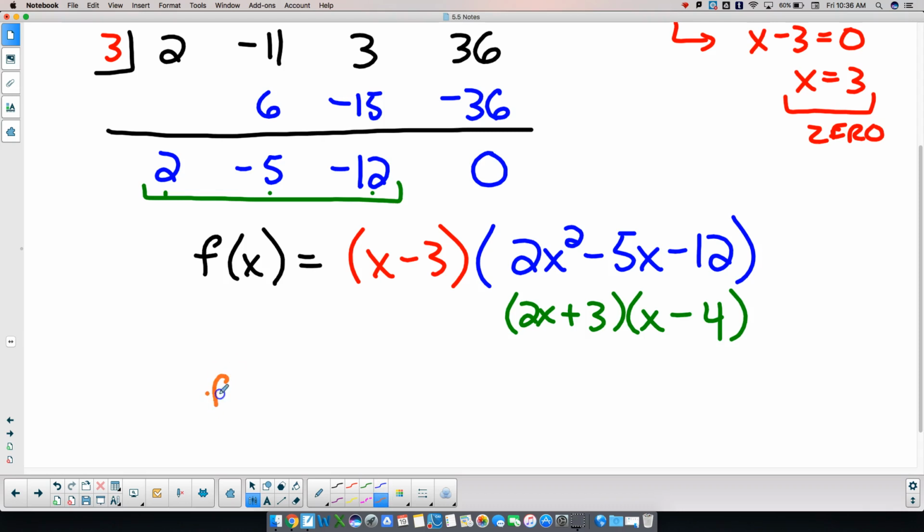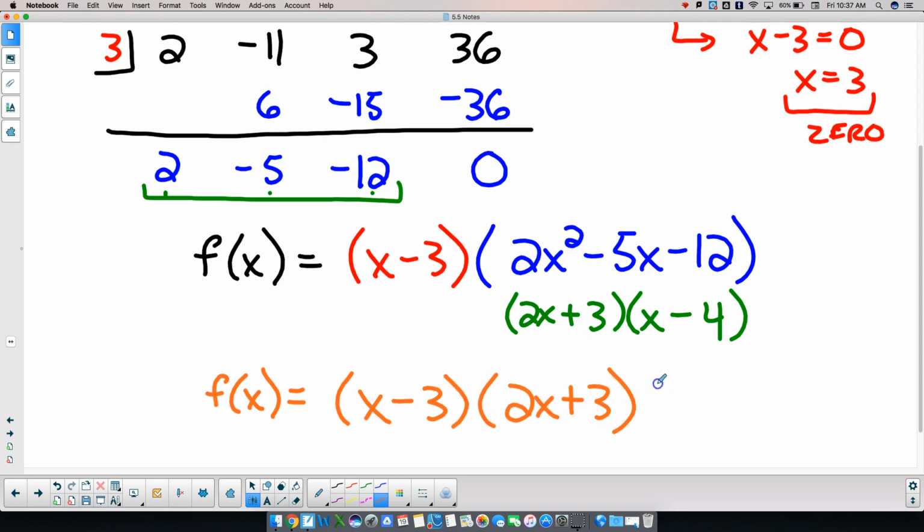So the complete factorization of my polynomial then is going to be x minus 3, 2x plus 3, and x minus 4.